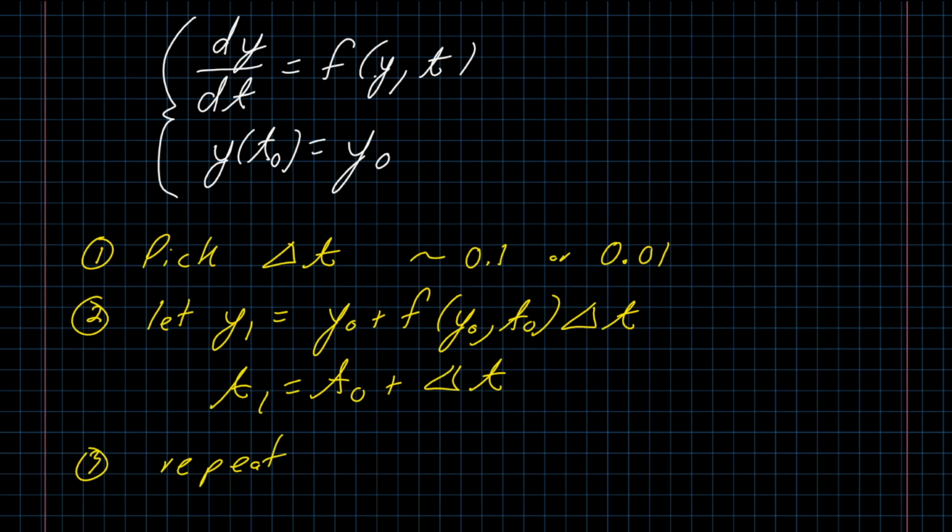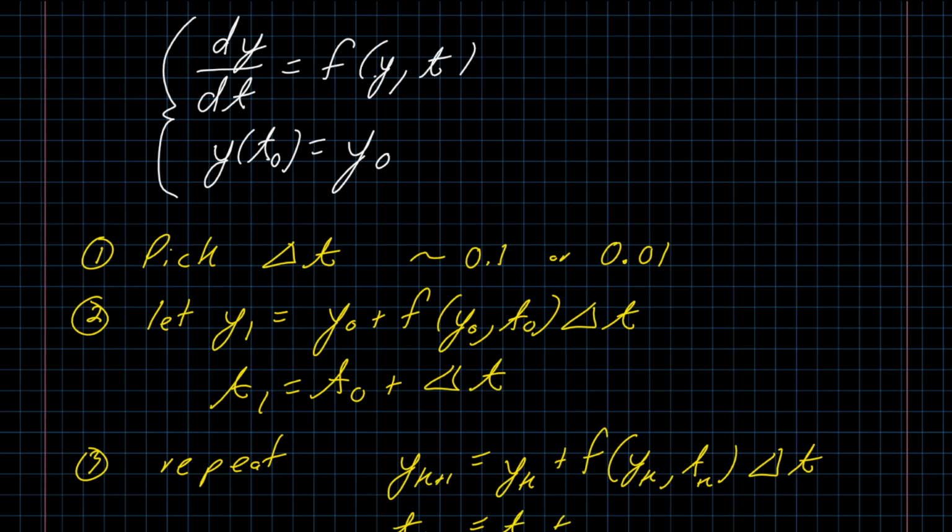And then we keep repeating that. In general, our y_{k+1} is y_k plus f(y_k, t_k) times delta t, and our t_{k+1} is t_k plus delta t.